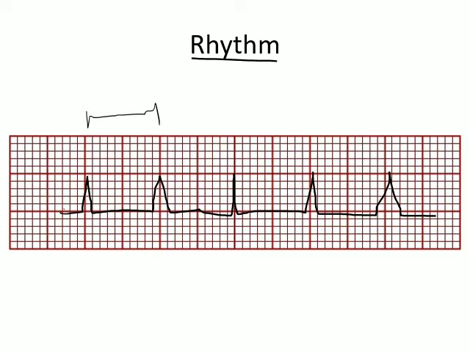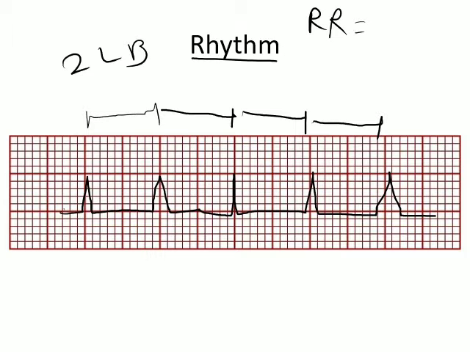If I measure the RR interval, I can tell that it's pretty much constant, that is two large boxes. If the RR interval is constant, or the same in successive beats, we say that the rhythm is regular.